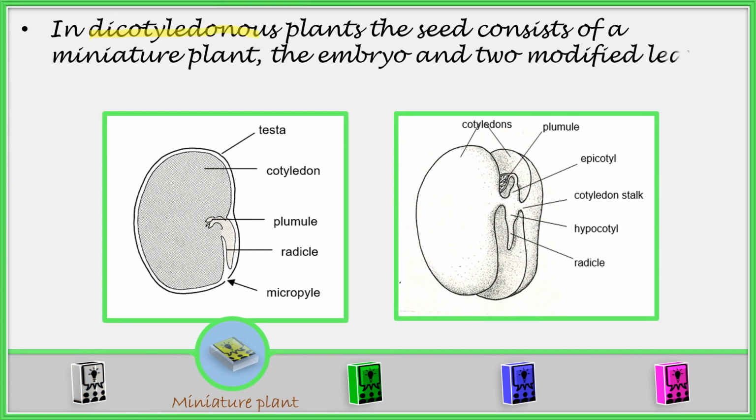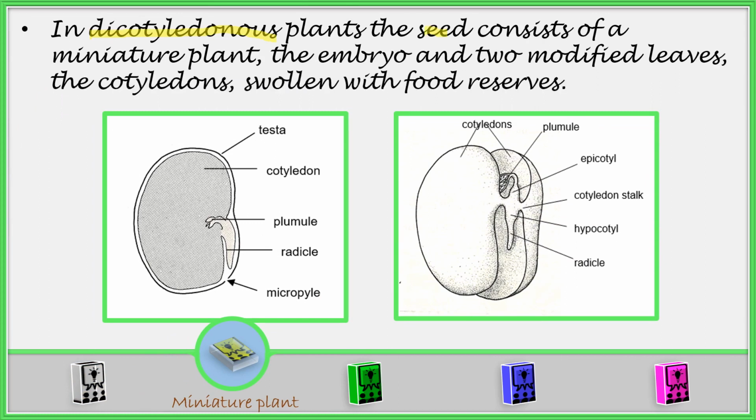In dicotyledonous plants, the seeds consist of a miniature plant, the embryo, and two modified leaves, the cotyledons, swollen with food reserves. So we have the dicotyledonous plant seeds, like the ones we are seeing here.